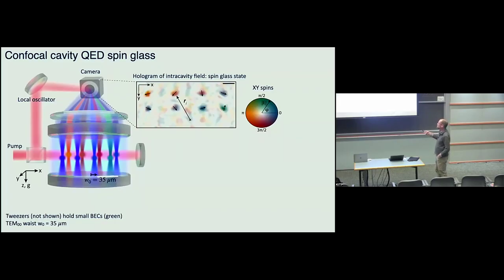A particular case of it is the confocal, where the radius of curvature of the mirrors is equal to the length of the mirrors, and that superimposes thousands of cavity modes, TEM modes, onto the same spot. So you can actually have a local representation of a photon wave packet in a cavity, not a big Gaussian. So you get a supermode here, supermode here, supermode here, whatever you want to call it, around each one of the atoms.